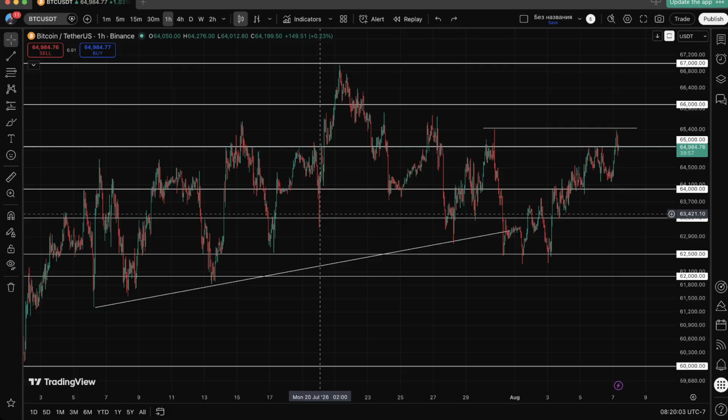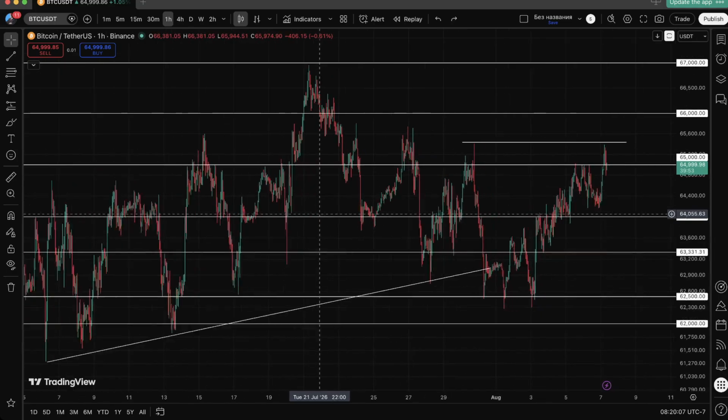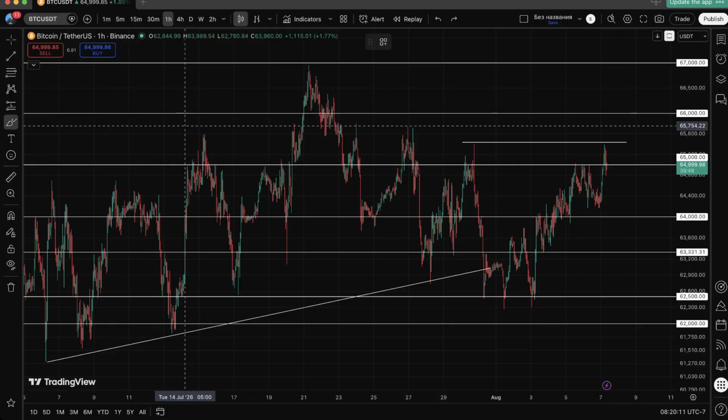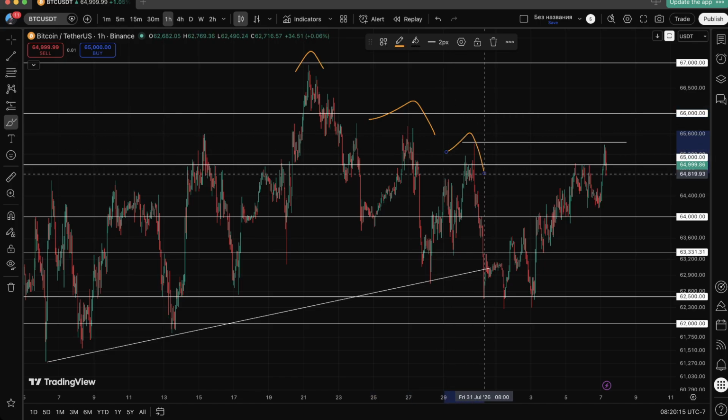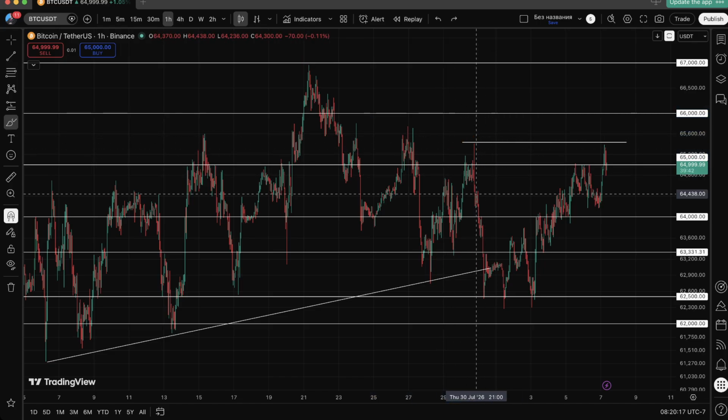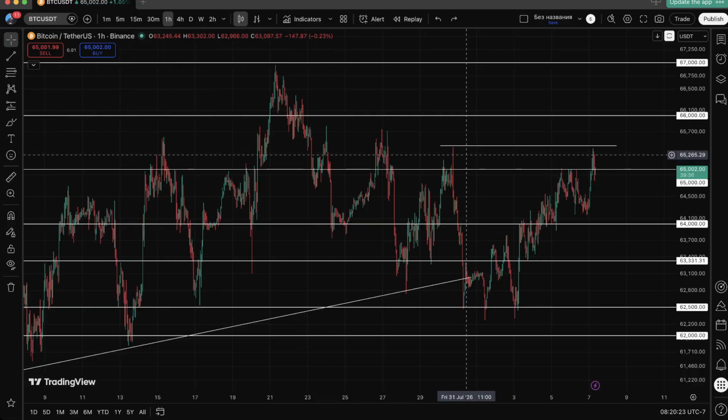What was the definition of a downward trend? The definition of a downward trend is when the maximums and minimums are decreasing, and the previous maximum on Bitcoin is at approximately 65,500. Which means that while these highs remain at approximately 65,500, Bitcoin is trading in a downward trend.